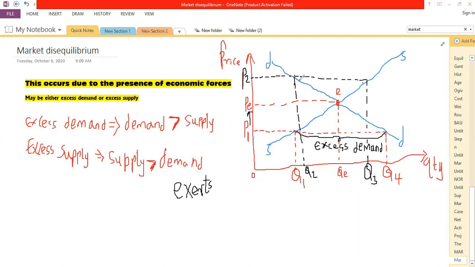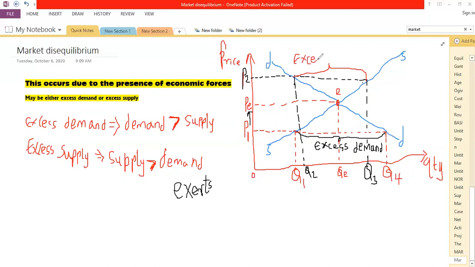On the other hand, being a higher price, it will attract more supply of the commodity, say all the way to Q3 units. There exists a difference, as you can see, between the demand and the supply. And this difference is what we can call the excess supply.